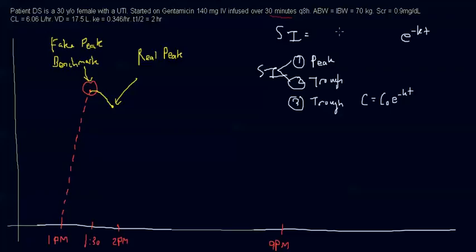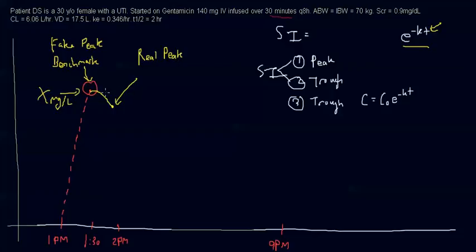Number one, how to find the peak, which is easy. You can ignore everything else in the short infusion equation and just focus on e to the negative kt and what really goes in the t position. t is how much time has elapsed since whatever we're measuring from. Because I use this point as a benchmark, we don't even know what this value is. It could be whatever concentration in milligrams per liter, but all we know is that it's a benchmark for us. At 1:30 the concentration is this, and at 2 p.m. is the real peak concentration.